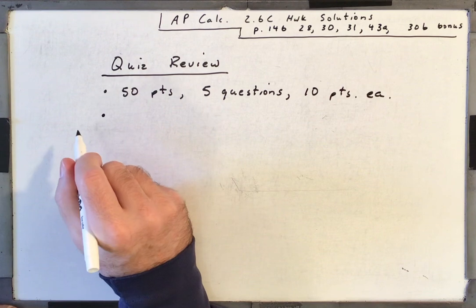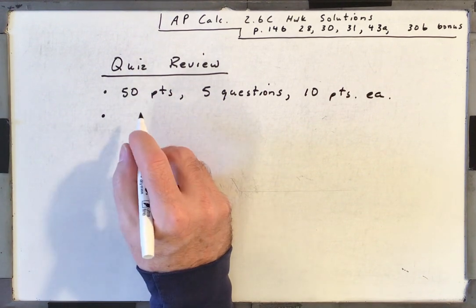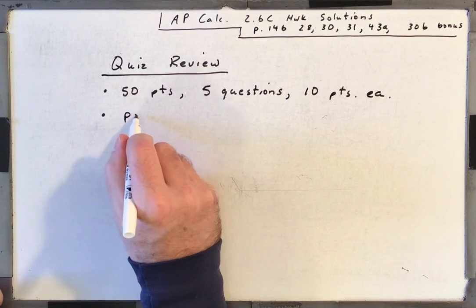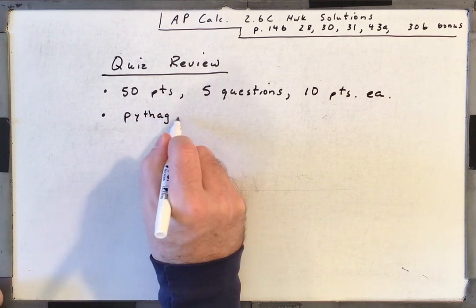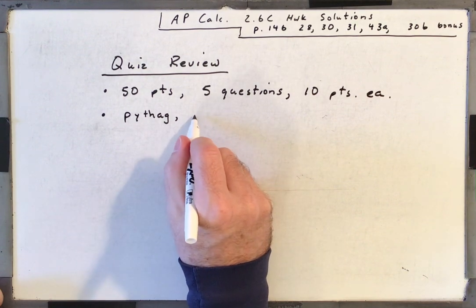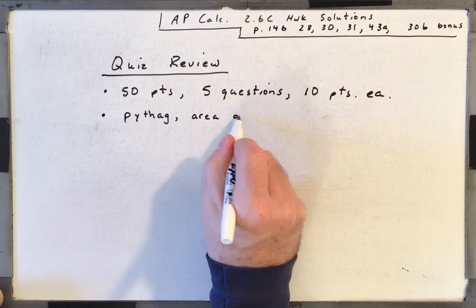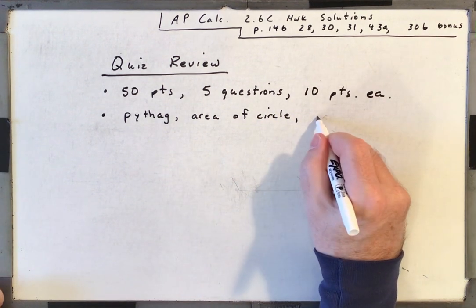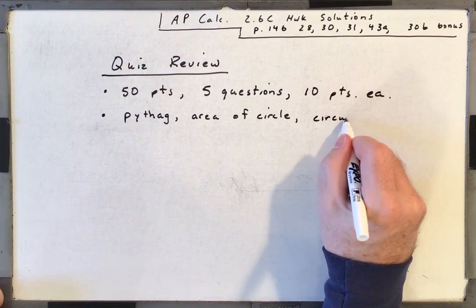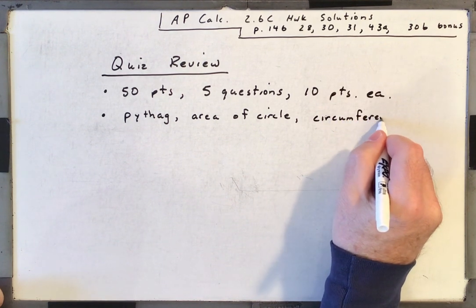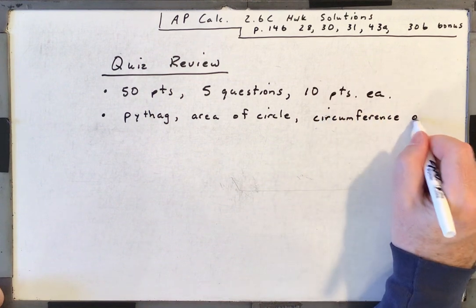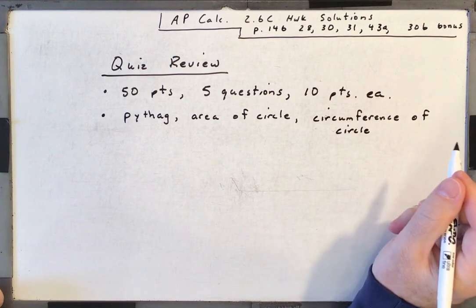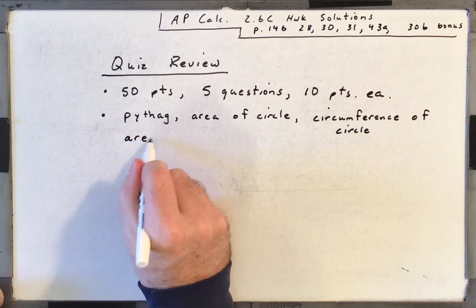The only formulas that you'll really need to know: you need to know the Pythagorean theorem. You need to know the area of a circle. Maybe the circumference of a circle. The easy formulas. All right, I expect you to know area of a triangle.